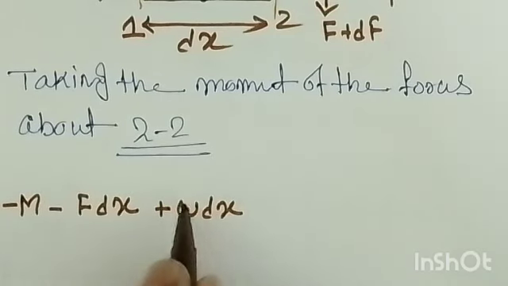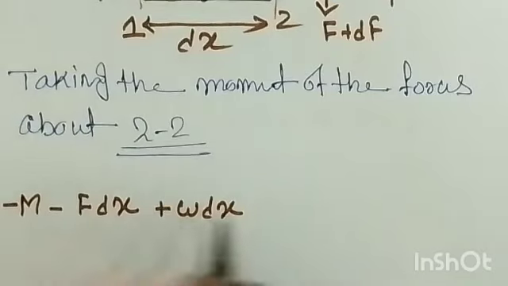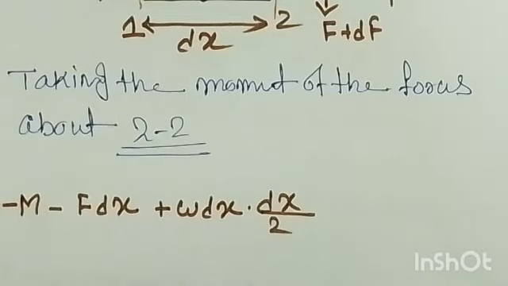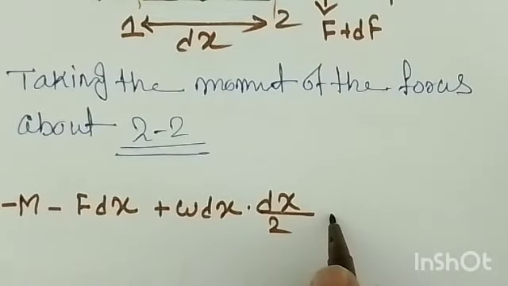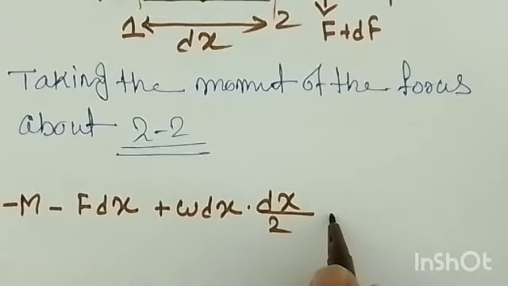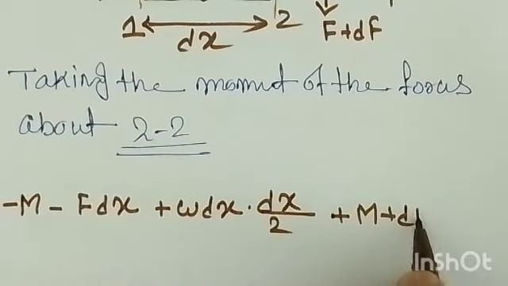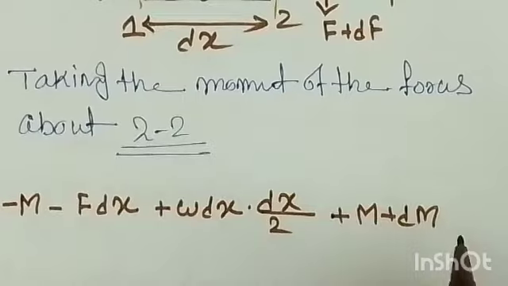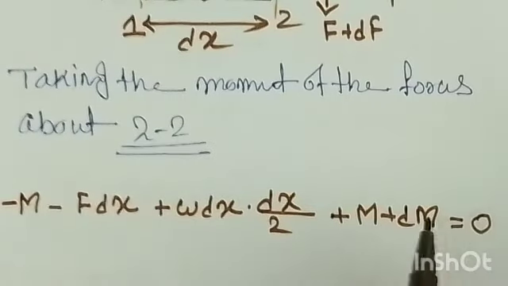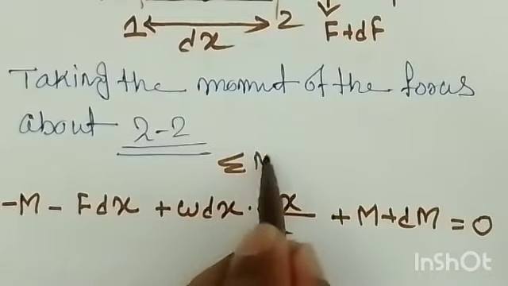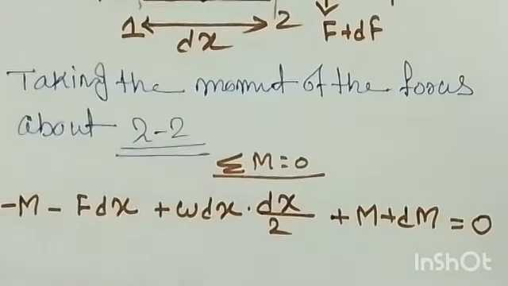This W into dx is now a point load. Where will this point load act? This point load will act at the mid of the span, that is dx by 2. Then you have one more anti-clockwise moment, that is M plus dM, and that should be equal to 0. This is the equilibrium condition we have satisfied, which means summation of M is equal to 0, right?